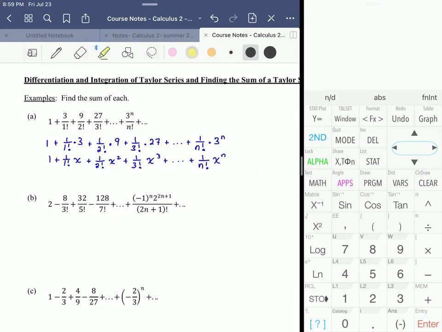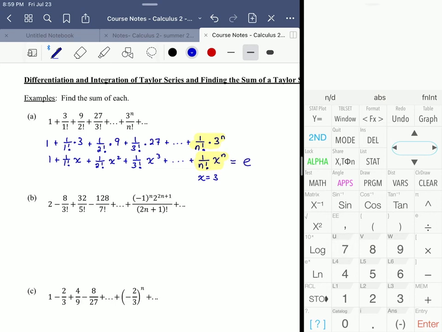Now when you compare and contrast the two, you realize that the only thing that differs between the two is that x is equal to 3.